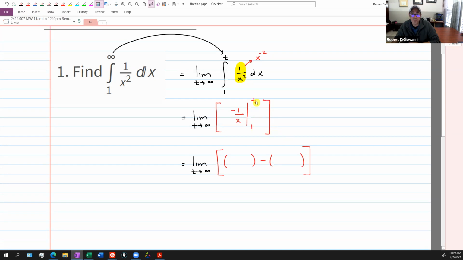And I first put the top one in, right? So t goes in here first. So -1 over t. And then I plug in the 1, I get -1 over 1. And so now I have this limit t goes to infinity. And then this becomes -1 over t. And then this is a -1, but then I'm subtracting, so just +1.